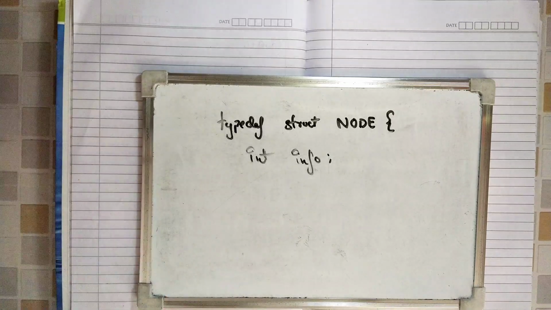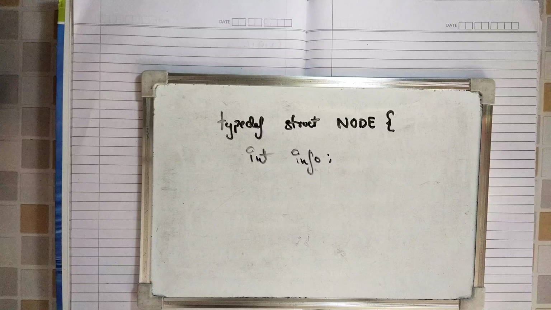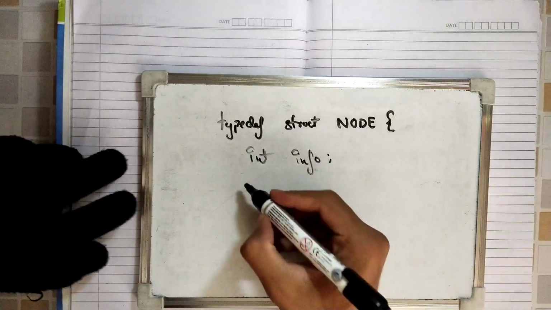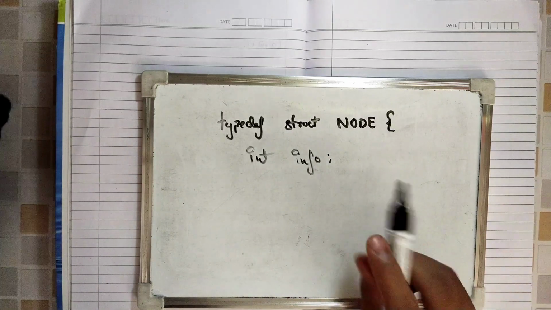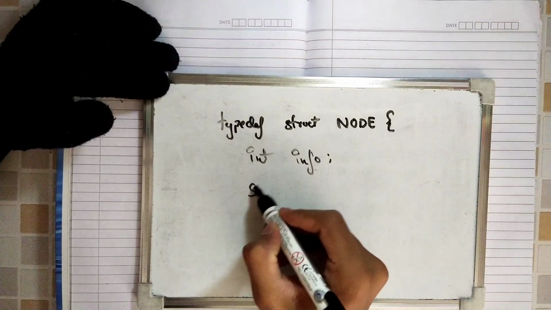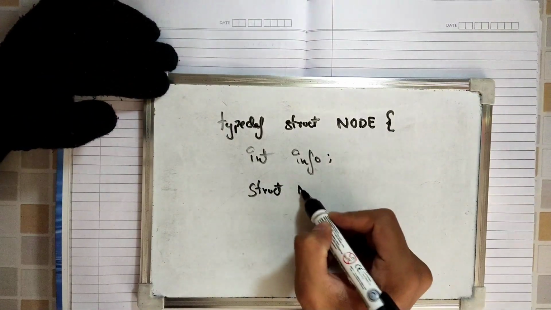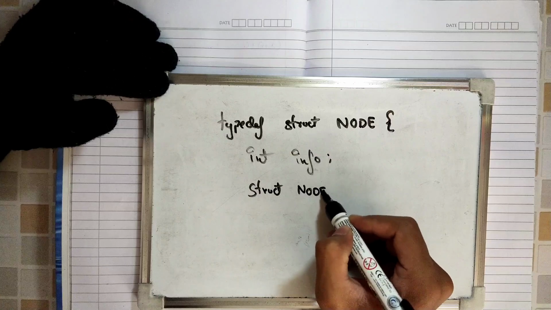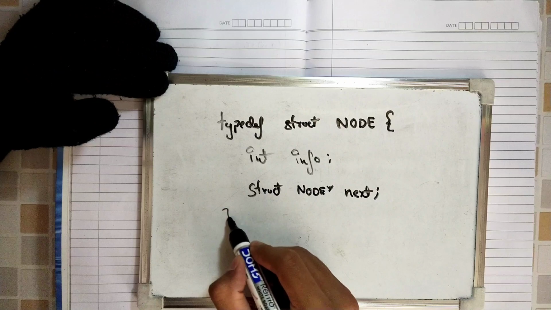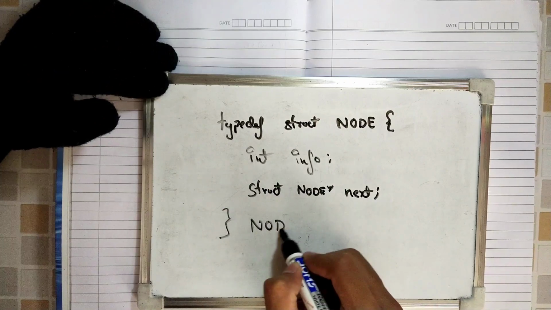Suppose you want only a single linked list, you write info. Suppose it were a single linked list of employee data, then you would have to write int, char name, char phone number, and so on. But here we need only one thing for understanding, so int info. Now see, here we have to write the self-referential structure, so again we write struct node star next, then close here like this, then again write node here.